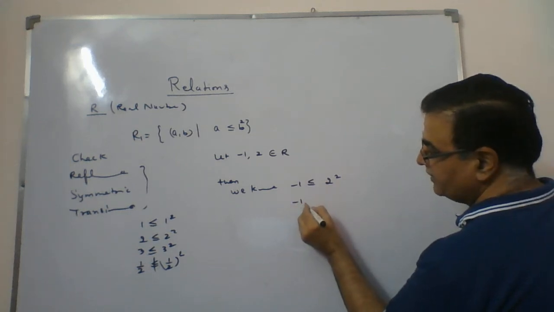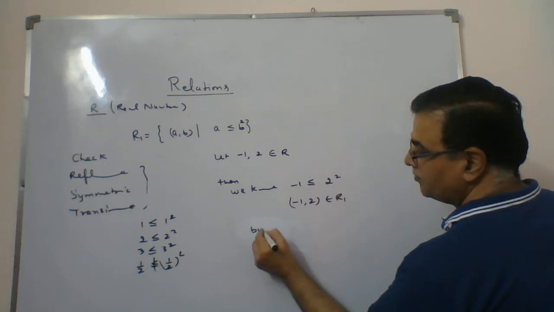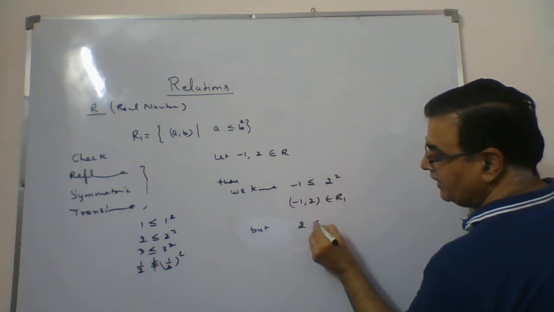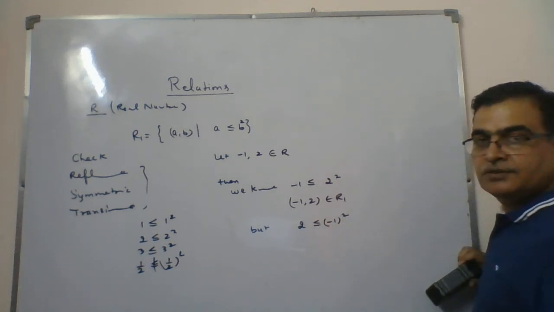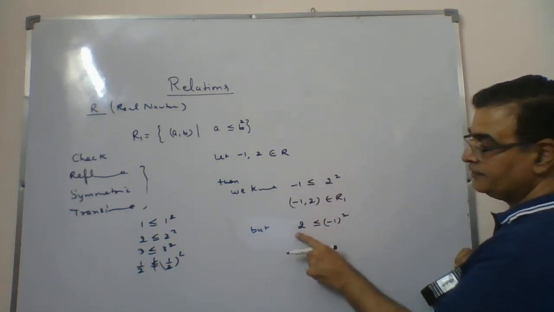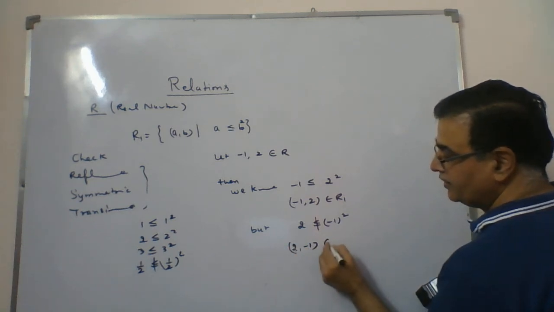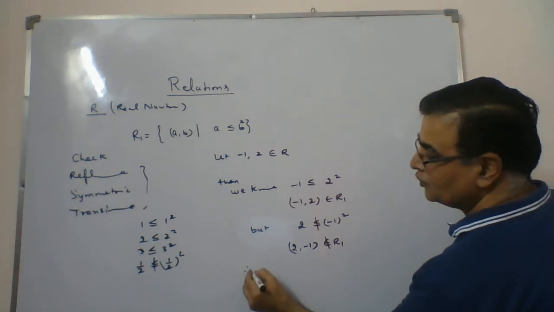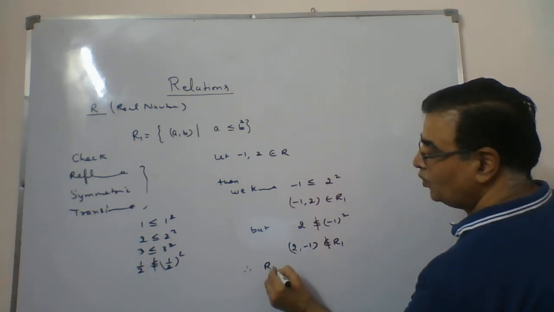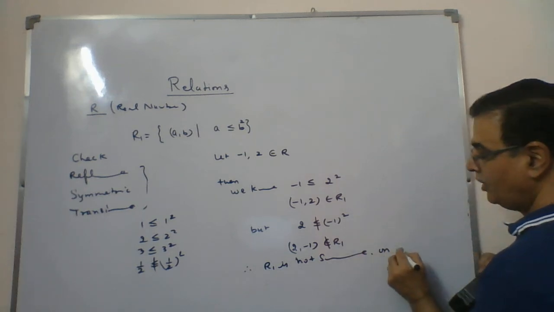That means (minus 1, 2) belongs to R1. But when you take 2 on this side, it will be minus 1 whole square, which is 1, and this is 2. It is not valid. So that means (2, minus 1) does not belong to R1. Therefore, R1 is not symmetric.